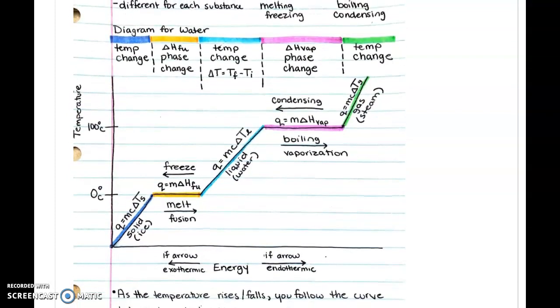This should look kind of familiar. You should already have one of these in your notes. I color coded this one so that we can see what we're referring to. The sloped parts are where we have just a temperature change. The phase of the substance has not changed. It is going to be either a solid, a liquid, or a gas.